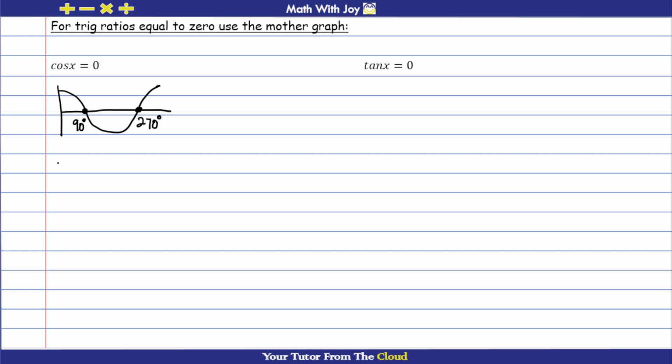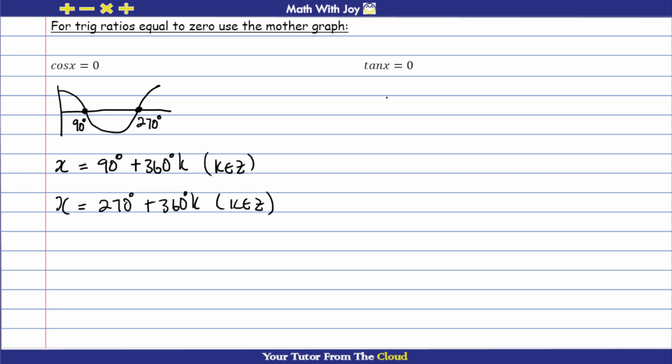Because of that, the general solution is going to be x equal to 90 degrees plus 360 degrees times k, where k is an element of integers. You must always put this. And then we also say x is equal to 270 degrees plus 360 degrees times k, where k is an element of integers.